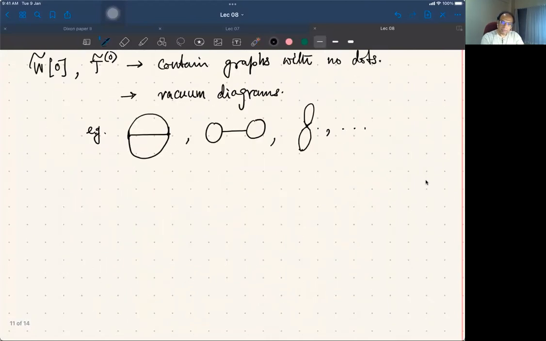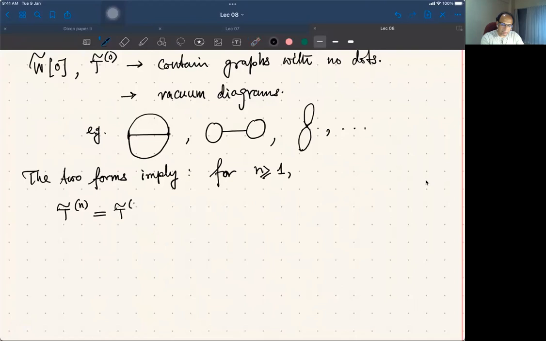So the two forms imply, for n greater than or equal to 1, that T tilde of n is equal to T tilde of 0 times something else, which has dots Tn, and T tilde of 0 is the same as W tilde 0.